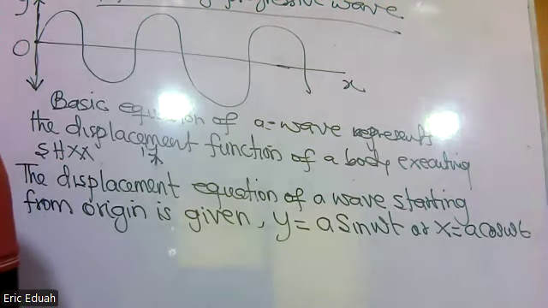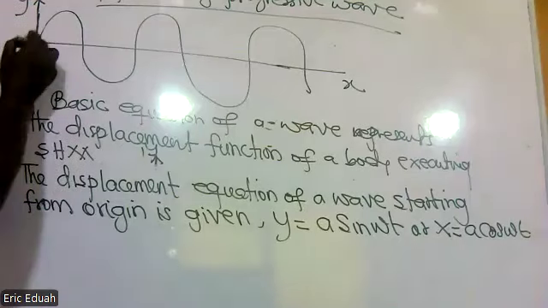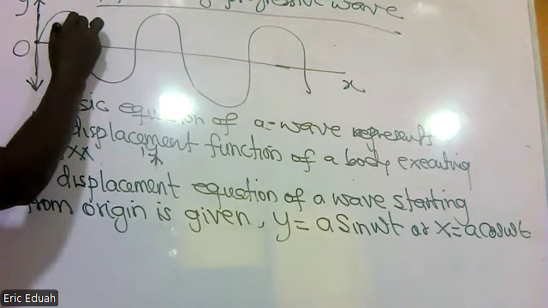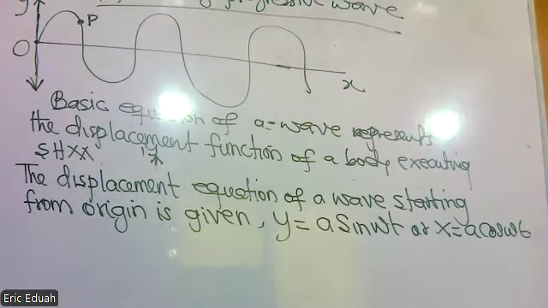All right. Now, if we want to write the equation for a particle vibrating ahead of the origin, this is the origin, but we are looking at a particle P here vibrating.